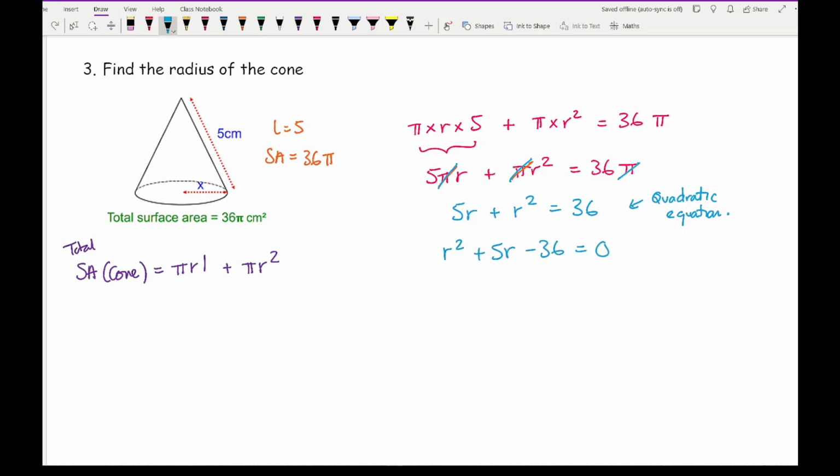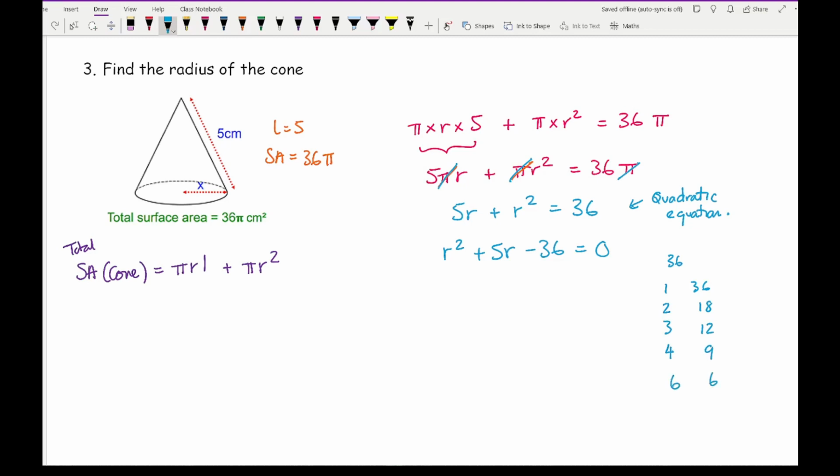Then to solve the quadratic, we can either factorise or use the quadratic formula. Does this factorise? Looking at 36, the numbers I can use are 1 and 36, 2 and 18, 3 and 12, 4 and 9, and 6 and 6.